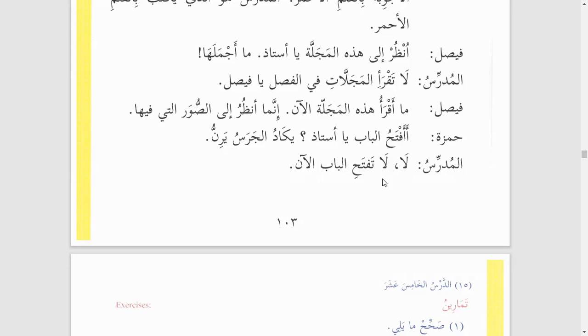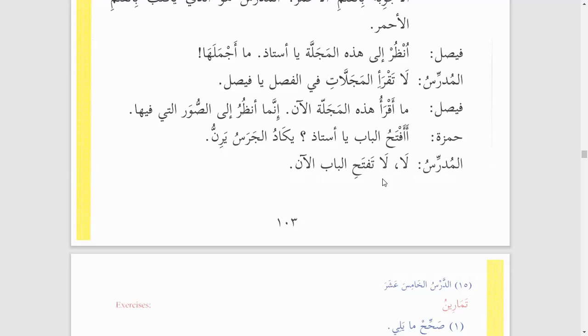Ma taftahil baba al-an. No. But if you want to negate any idea in the present, we negate it with la. For example, la adhhabu ila al-suq, la akulu al-samak, la aqra'u al-Quran, na'udhu billah. Just for the sake of example. So la is used to negate the present, if that is habitual on a daily basis, like if you have a habit.